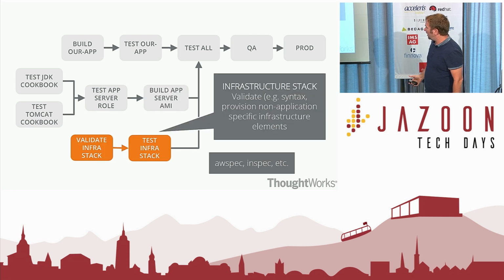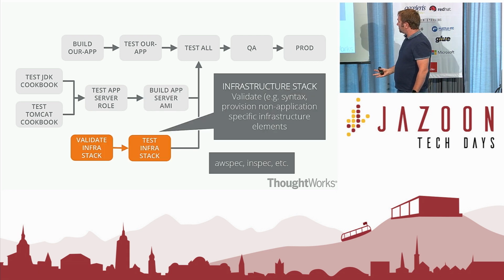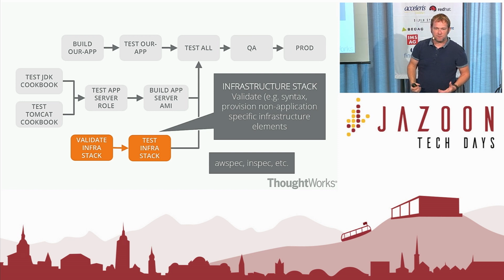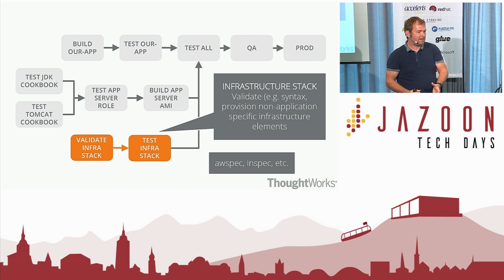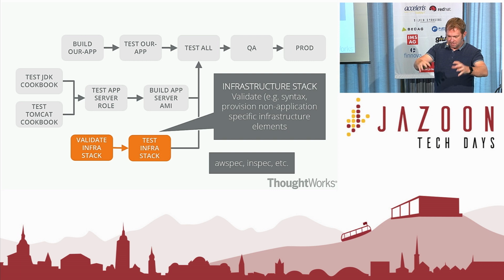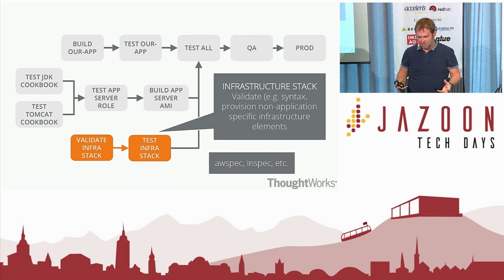Right, so now we've got the AMI, and now we've got our infrastructure stack. This is where we take our Terraform code, and depending on what's in there, we might test just the subnets and the routing, the things that happen before we actually deploy an application server into it, again to get faster feedback.